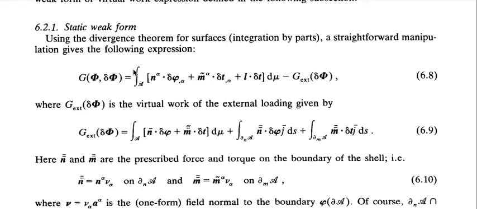Now these quantities over here make a scalar equation in terms of the force resultants and moment resultants, which are vector quantities, and their dot product is taken with the variation vector quantities, and hence this whole thing is a scalar equation.